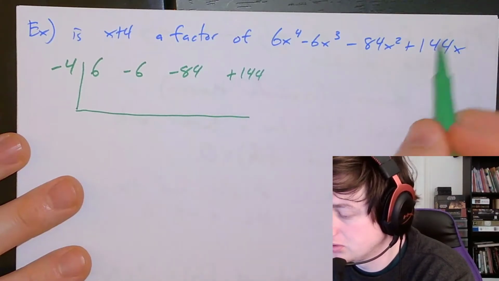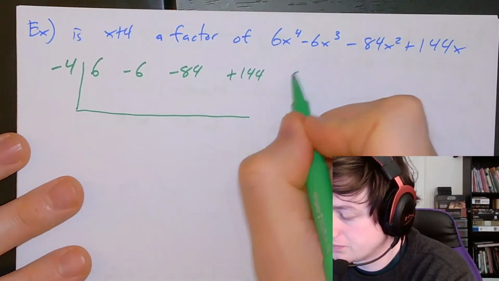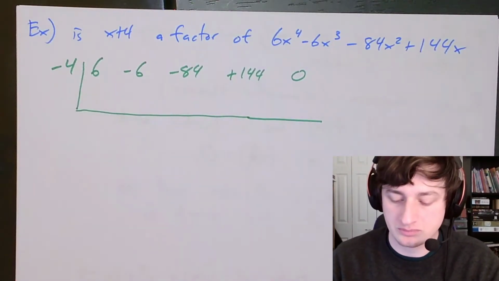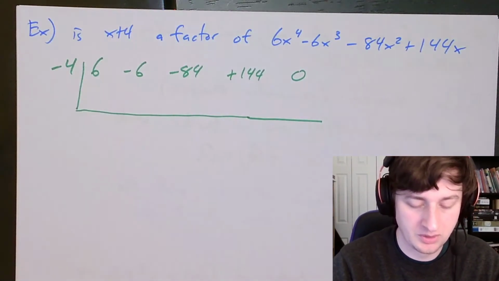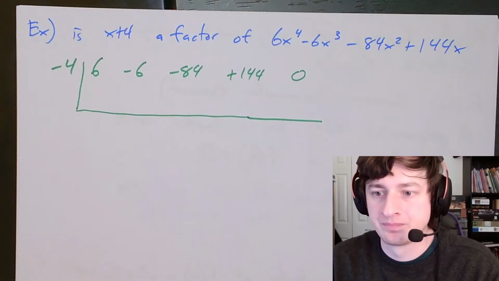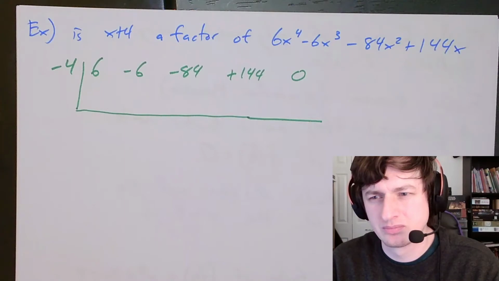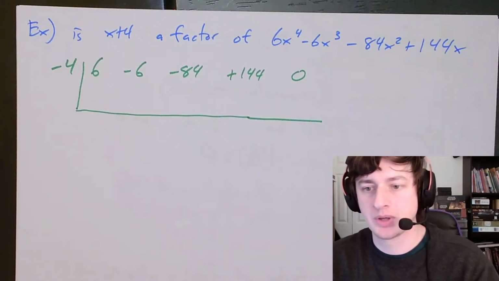Don't need the plus sign. And then 0, because there's no constant, so we need the 0. Is that right? Yeah, okay.